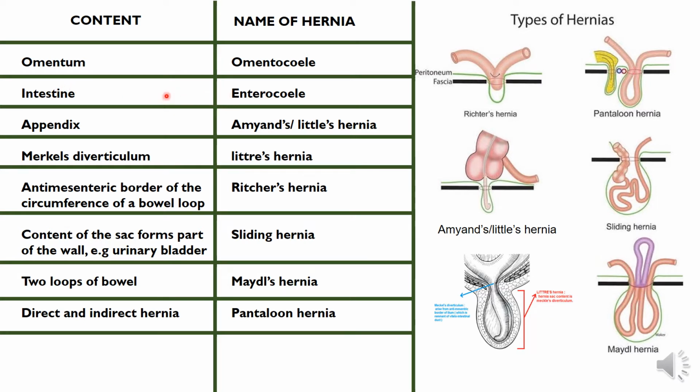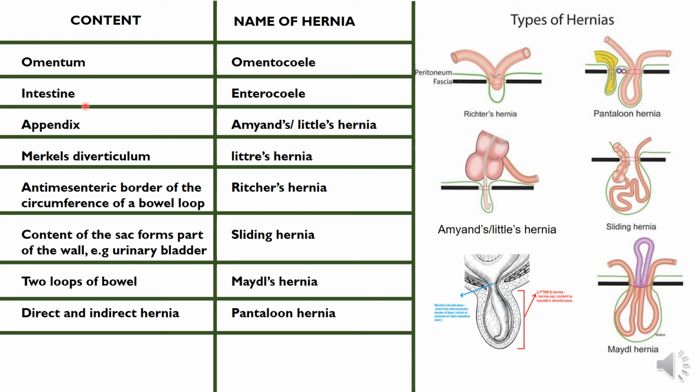Now when you have the appendix present within a hernia sac, it could be present alone or alongside a bowel loop. So when you have the appendix present, it's called Amyand's hernia.